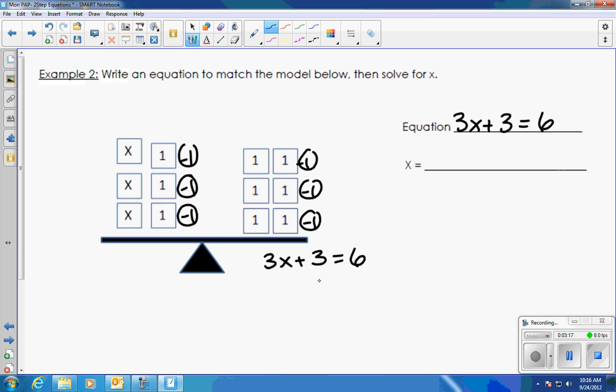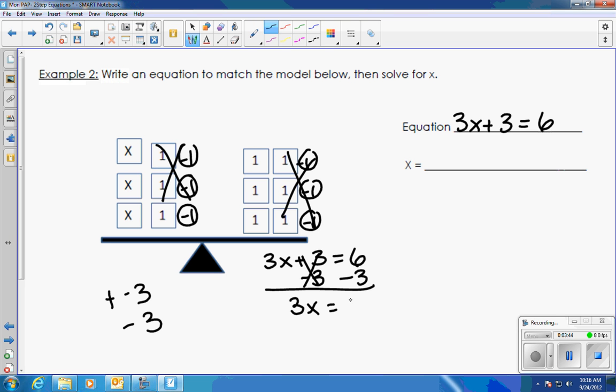So on this one, when I subtract 3, or when I add 3 negatives, these guys go away. Remember that adding 3 negatives is the same thing as subtracting, because you add the opposite. These went away, and I had 3 x's left over, and over there I had 3.